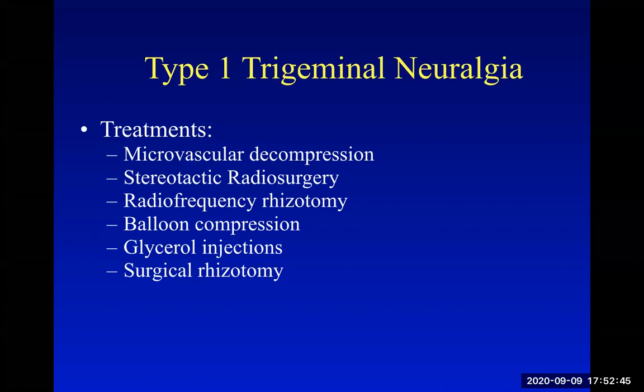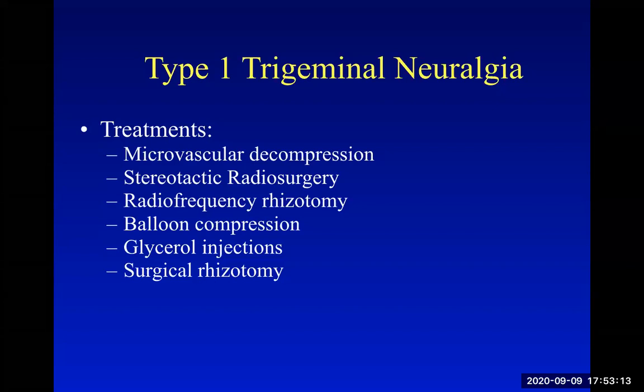So I typically quote a 30 to 50% chance of some numbness in the face with the radiosurgery, whereas the microvascular decompression surgery is only about a 5% chance of numbness in the face. So again, the advantages: outpatient and non-invasive, and an initial high success rate. Disadvantages: higher chance of pain coming back than the microvascular decompression, higher chance of facial numbness, and a delayed onset of pain relief.